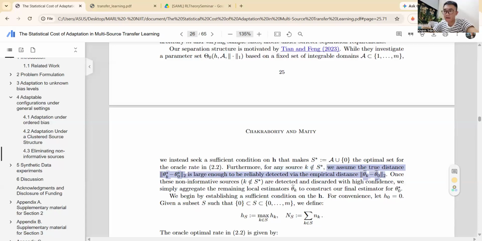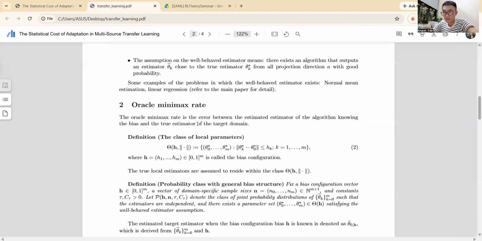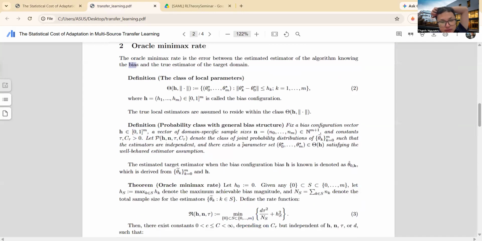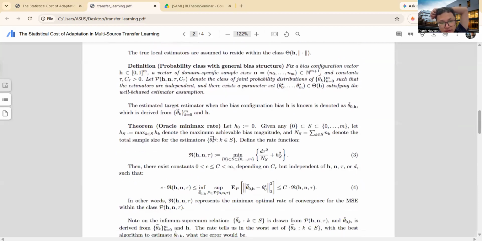Yes, the oracle knows the bias. But can you scroll down a bit to your note? Here, equation 4.